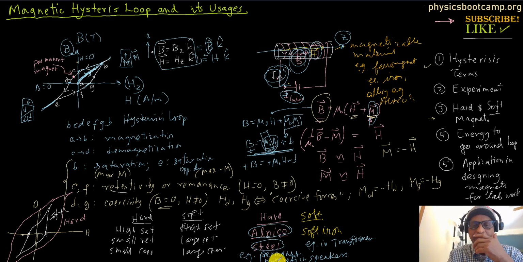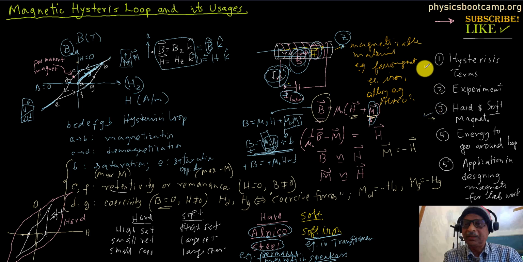These are, for example, hard magnets, and the application is speakers. If you look at acoustic speakers, there's a magnet there that's usually made of this. The soft one is soft iron, and they're used in transformers and other places.